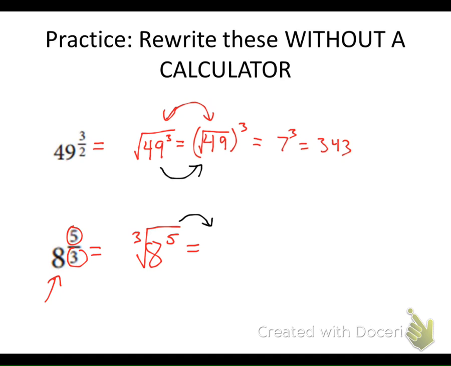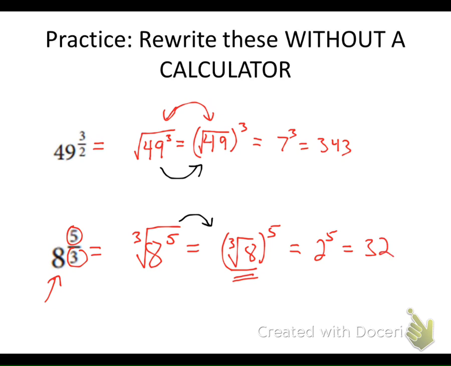So I'm going to rewrite it as the cube root of 8, and that whole thing is going to be raised to the 5th power. That way I can simplify this first, because I can do that in my head. I can't do 8 to the 5th in my head. You might be able to, but I can't. But the cube root of 8 is just going to be 2, and 2 to the 5th power is just going to be 32.